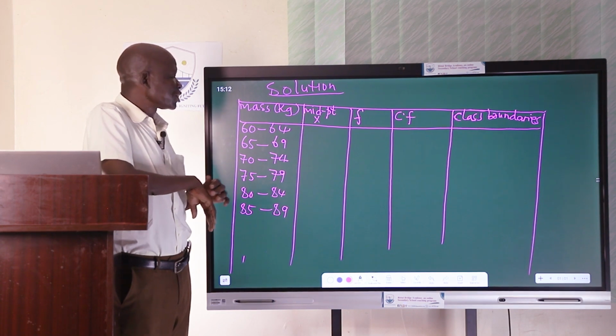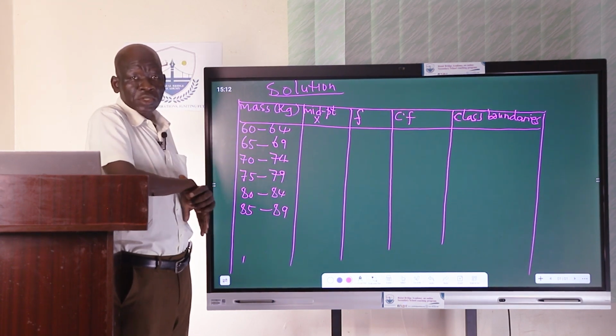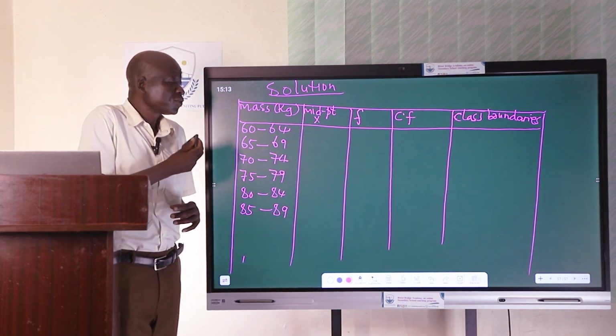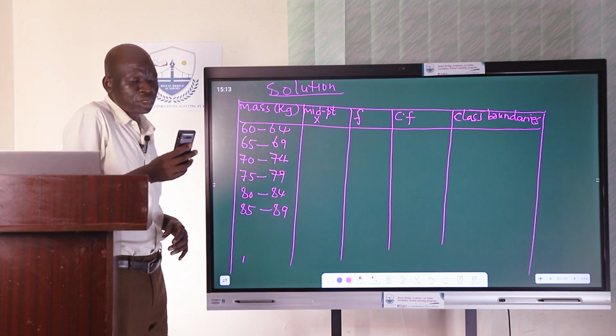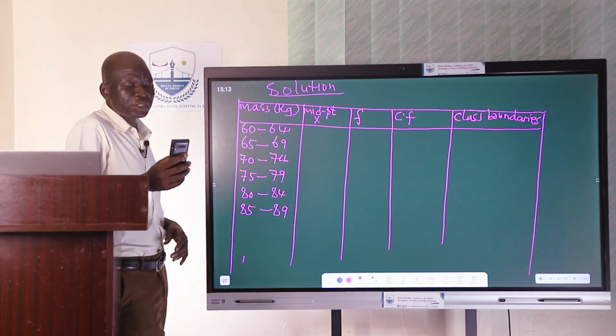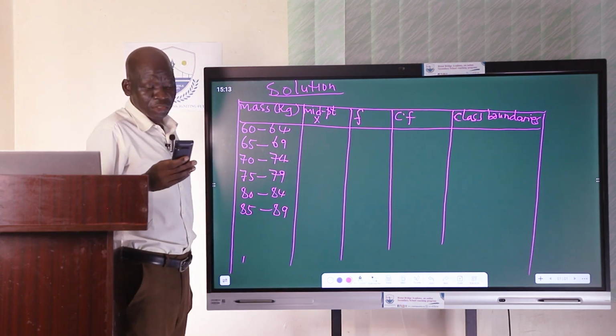So we have 60 plus 64, we get 124. And 124 divided by 2, we find that we get 62.